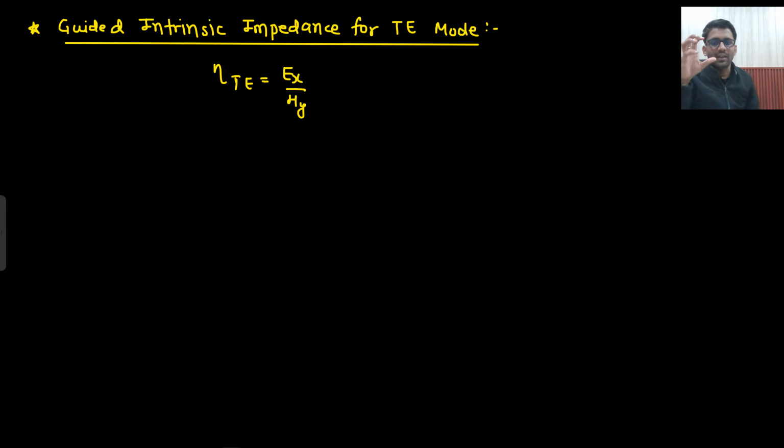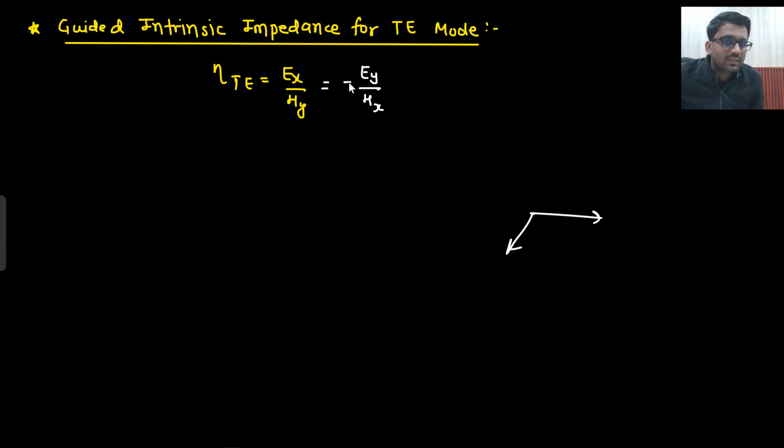Now we will write down the intrinsic impedance for both TE mode and TM mode. Now the expression will be different. So what is the definition of intrinsic impedance? Ex by Hy you can do, because if the electric field is in x direction, then where will be the magnetic field? Certainly in y direction. And if your electric field is in y direction, then where will be your magnetic field?